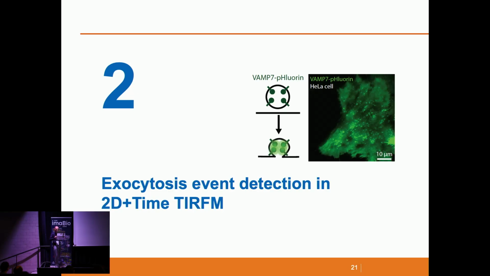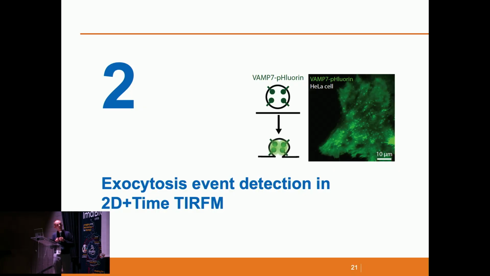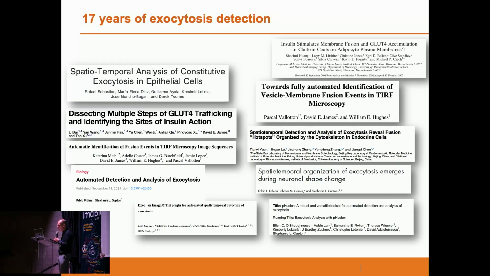The idea is that in that case, maybe you are more familiar with this problem. The idea is to detect very specific events when the vesicle docks at the plasma membrane. And the TIRF microscopy is typically the right technology to detect these events. So in the past, maybe a lot of methodology have been developed to address this problem in 2D plus time, right?